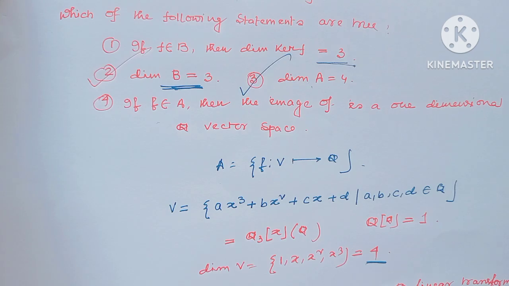Then I will see option 4. If f belongs to A, then the image of f is a one-dimensional Q vector space. Is it true?